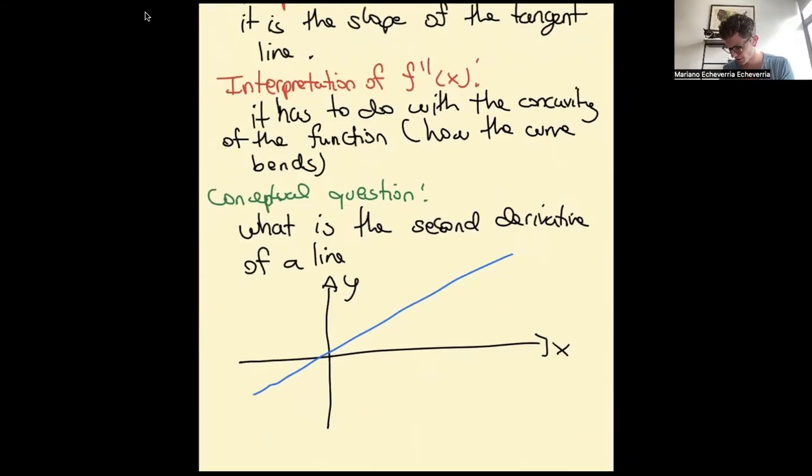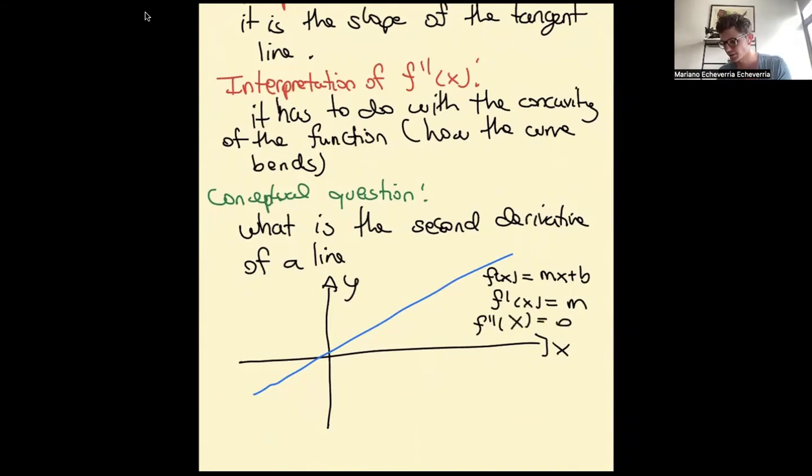If you think about the equation of a line, it is mx plus b. The first derivative is m, but m is a constant for a line, so the second derivative is 0, because the derivative of a constant is 0.